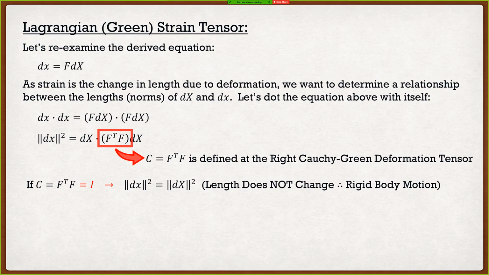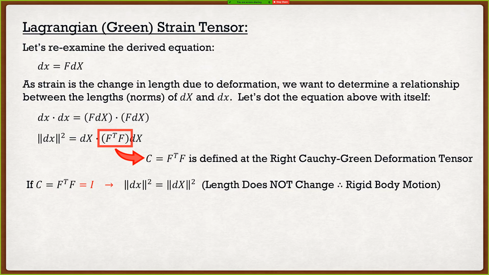So the norm of dx squared is equal to the norm of dX squared, which means that the length does not change. So this is the key here. If that Cauchy-Green deformation tensor is equal to I, the length does not change, and we can see that mathematically in our equation here.